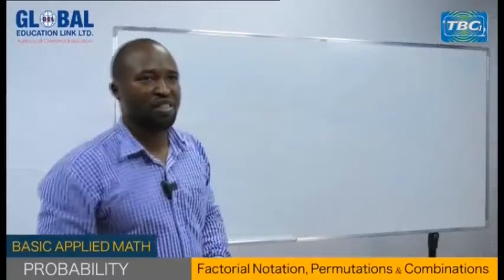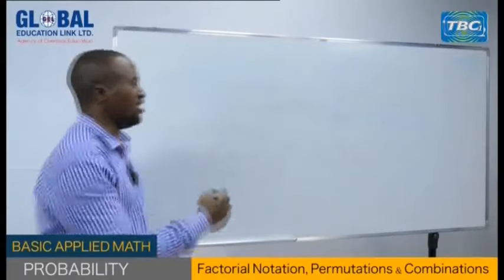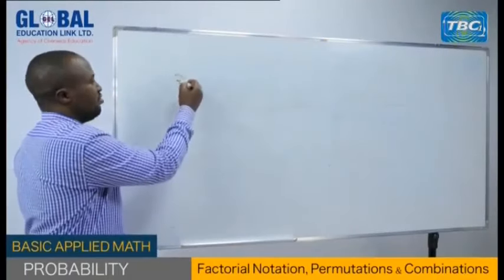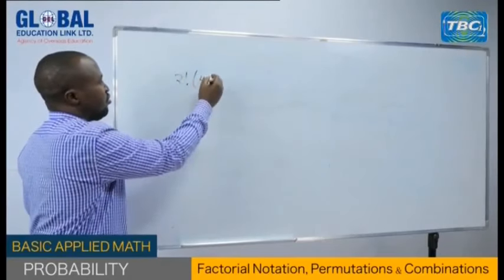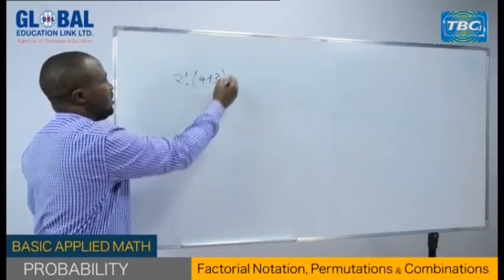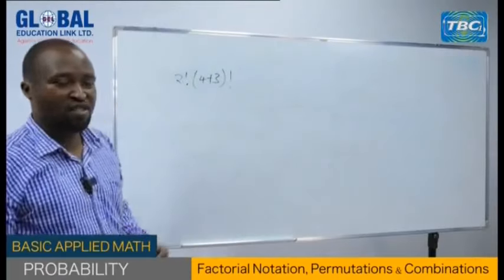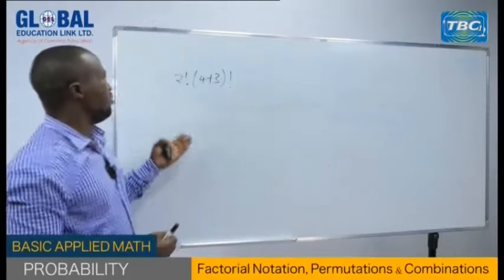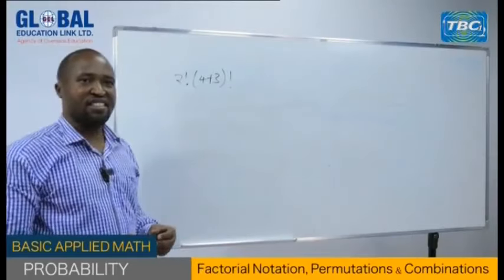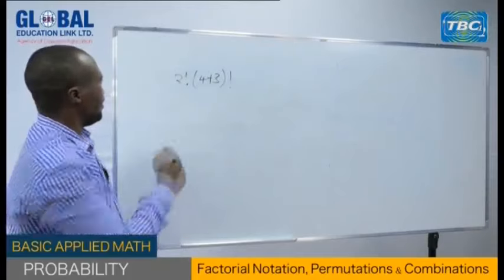By using your scientific calculator, you can use the symbol for factorial notation and get the same answer. Okay, again, my dear student, suppose we have another question like 2 factorial bracket 4 plus 3 factorial. Even this question is so simple because it's just a matter of operation. Where to start?